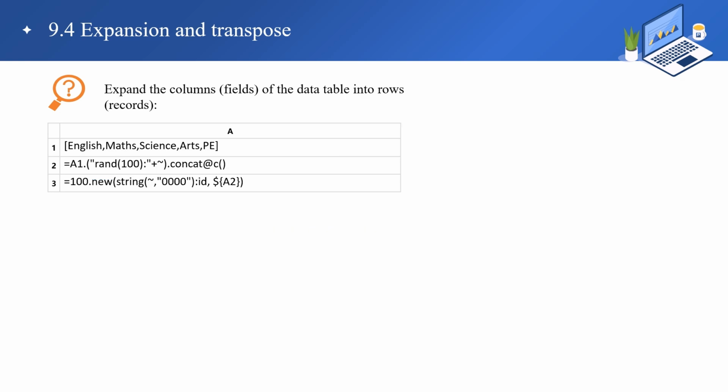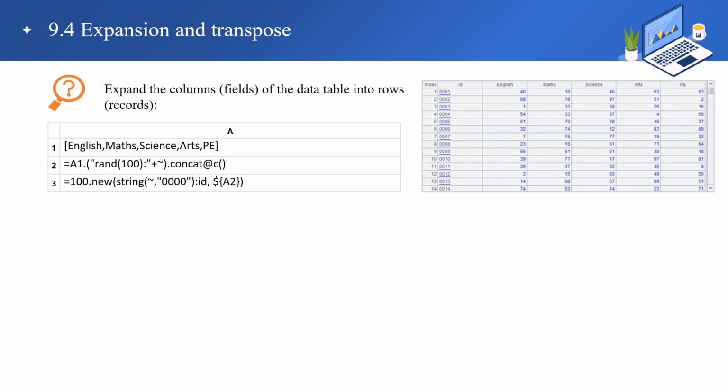There is also a more common expansion operation, expand the columns of the data table into rows. We need to use the student score table we used before. A3 will generate a data table with 6 fields. Except for the ID field, the others are all the score of one subject. When we talked about the concept of structured data, we mentioned that since these subjects are of equal status, statistics on these subjects, or scores, may occur.